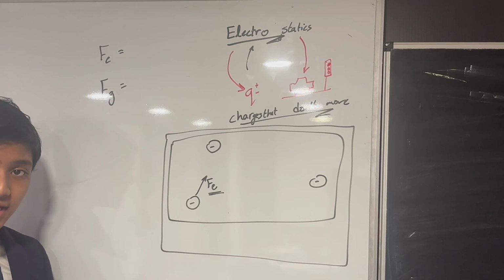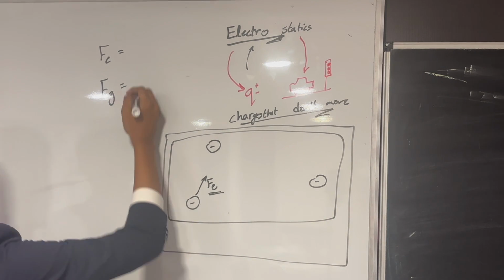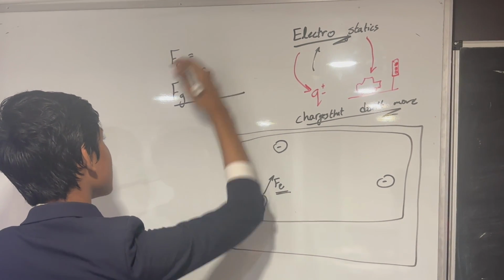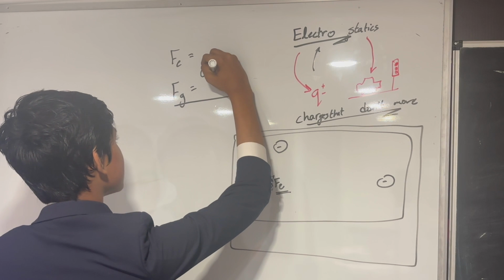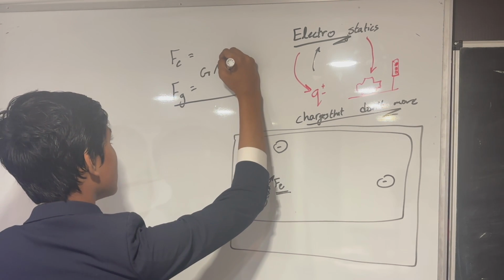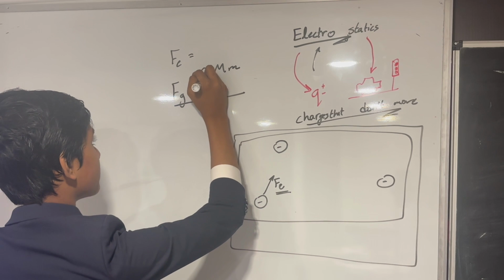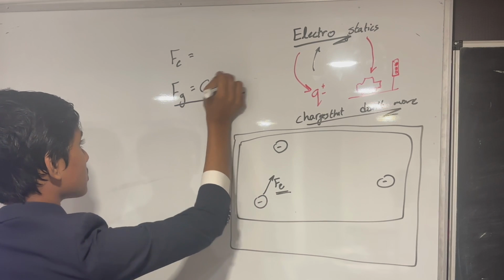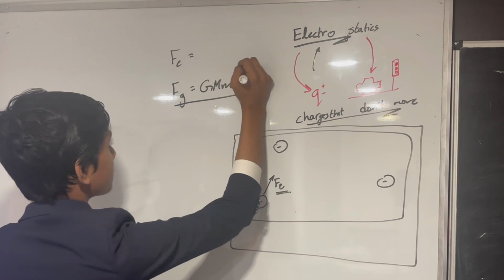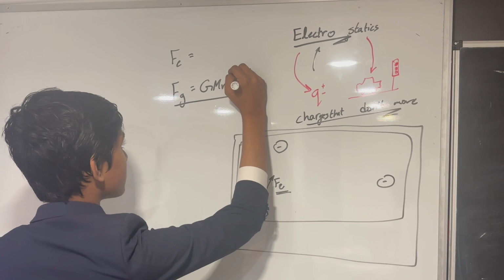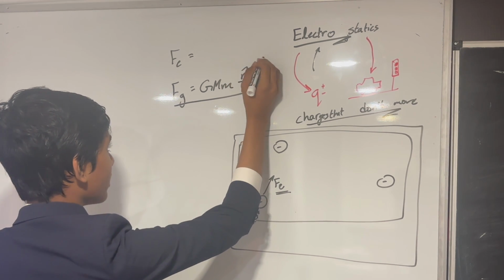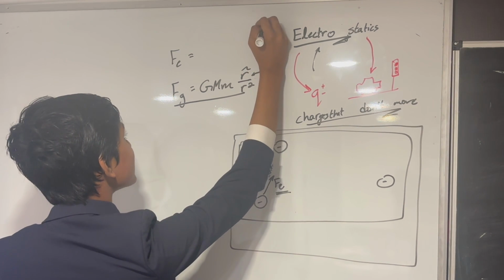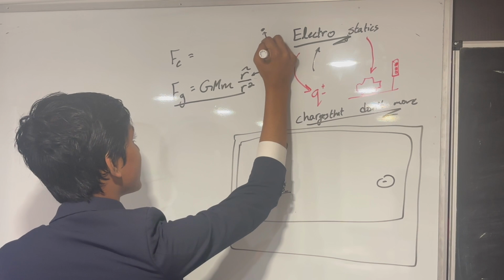Now, what does the gravitational force tell us? This is Newton's universal law of gravity, and it tells us the gravitational force is G, a universal constant, multiplied by one of the masses, multiplied by the other mass, multiplied by the radial vector, divided by r squared, where the radial vector is your distance from the source of the gravitational field.